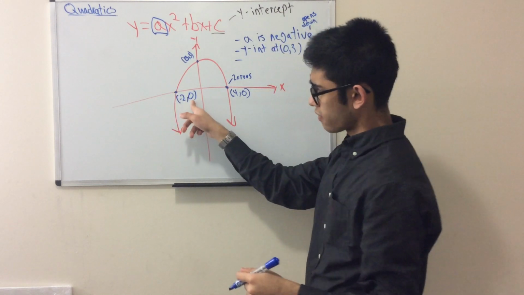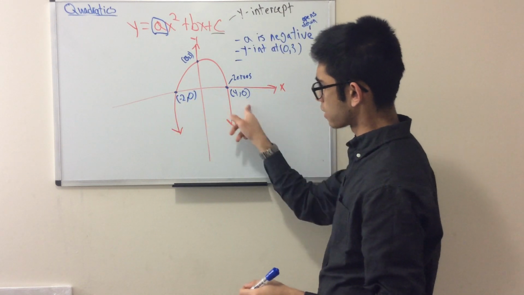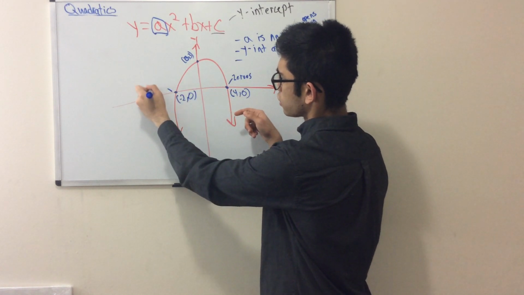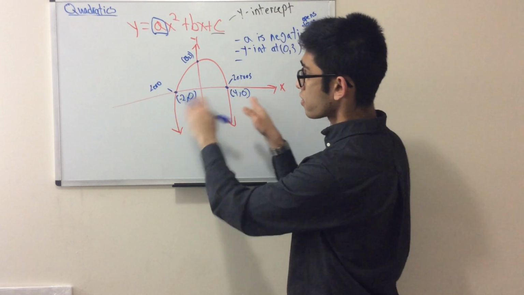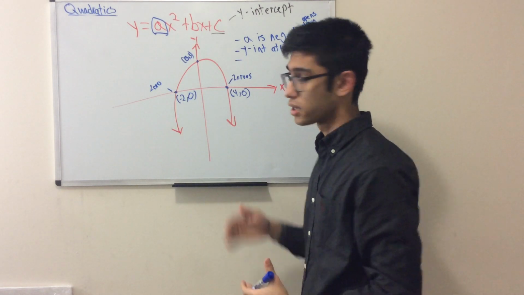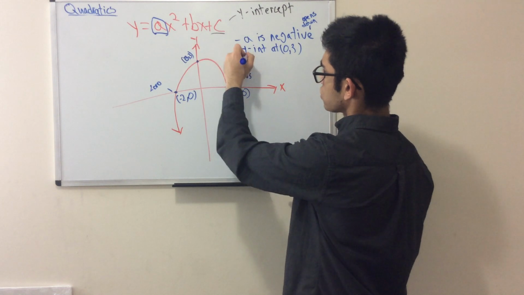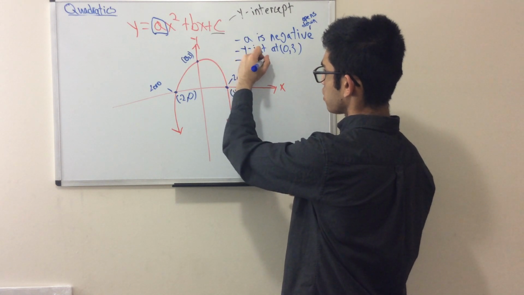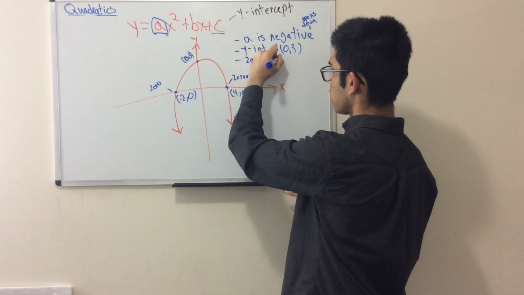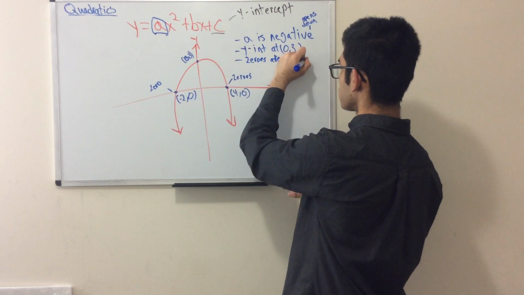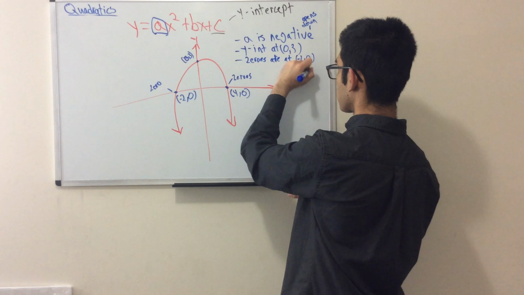My y value is 0 in both cases, but x has a value. These are called my zeros. Wherever it touches the x-axis, it's called a zero. So the zeros are at (-2, 0) and (4, 0).